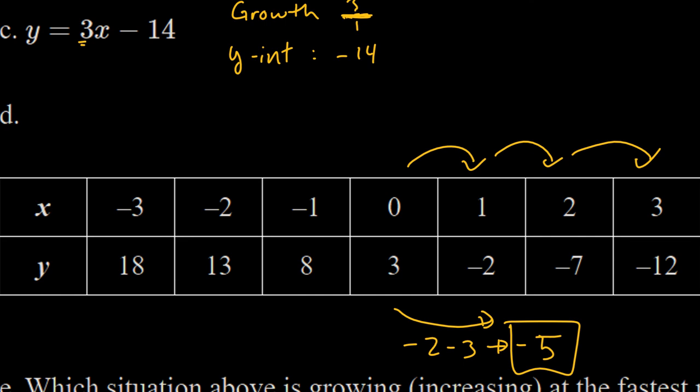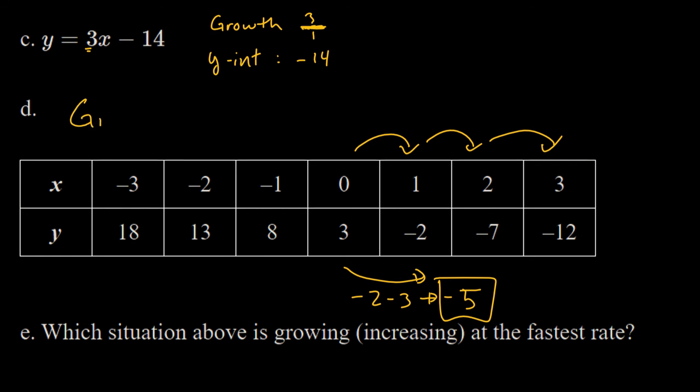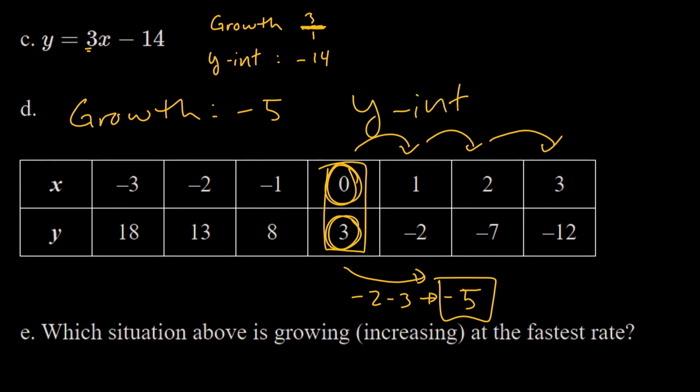Negative 7 minus 5 is negative 12. So for D, my growth is negative 5. I'm decreasing by 5. And my y-intercept, oh, that's beautiful. Look, they tell me right there when X is 0, my y-intercept is at 3.